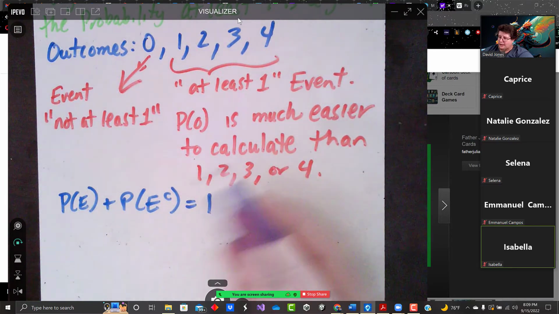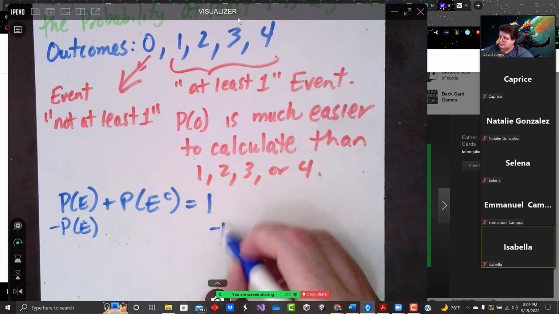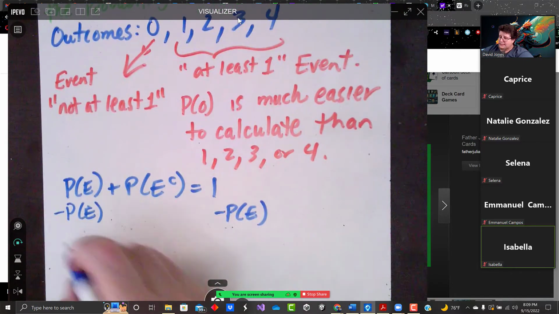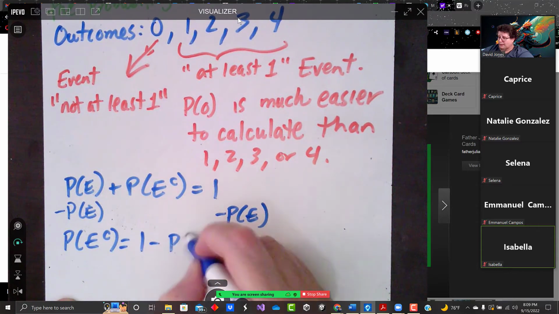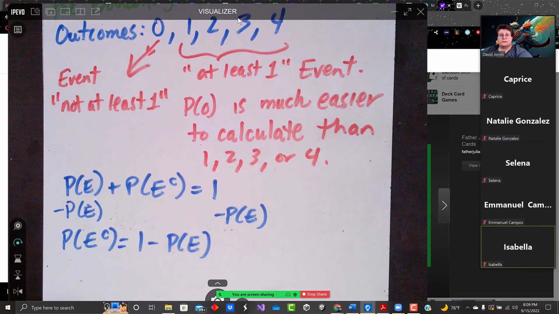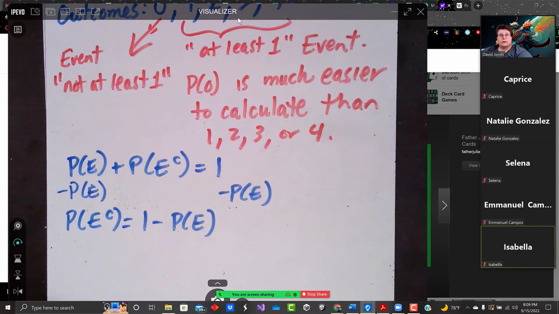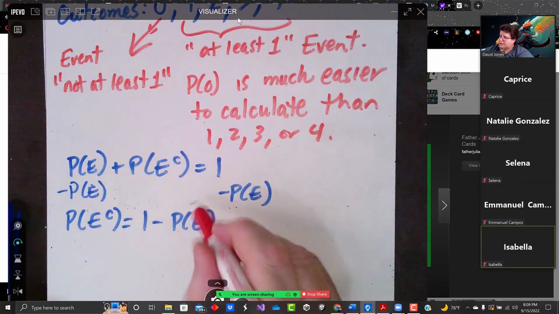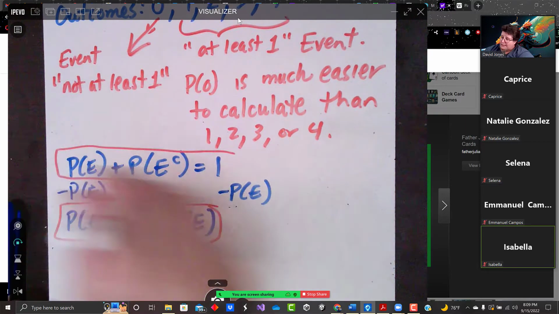Which means if I subtract the probability of E from both sides, this says the probability of the complement of E is 1 minus the probability of E. Okay, this is an equation that we will use. It's a variant of this one. These two do the same thing.